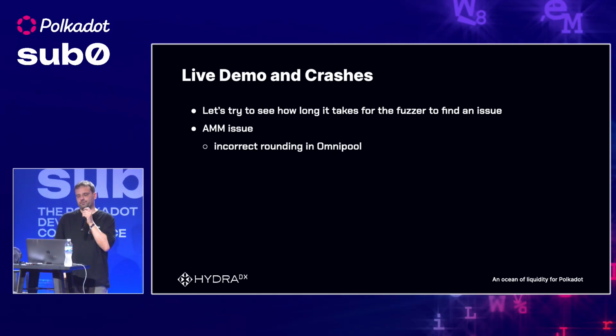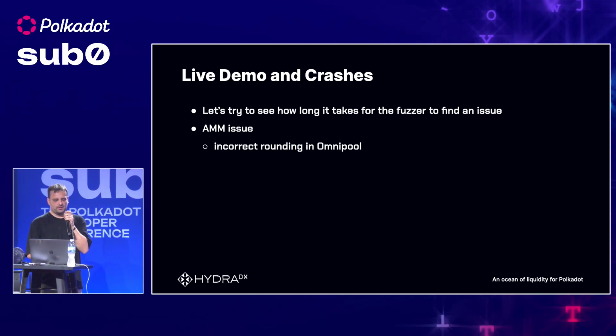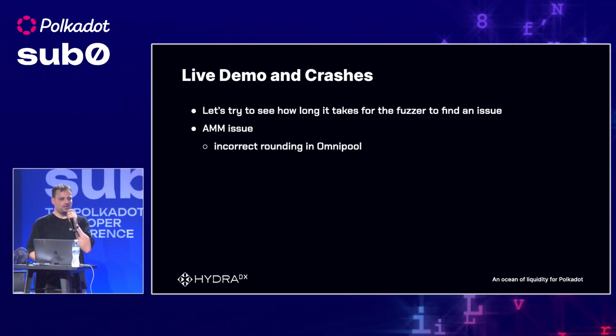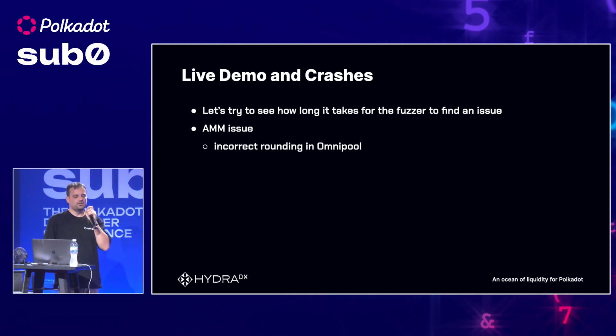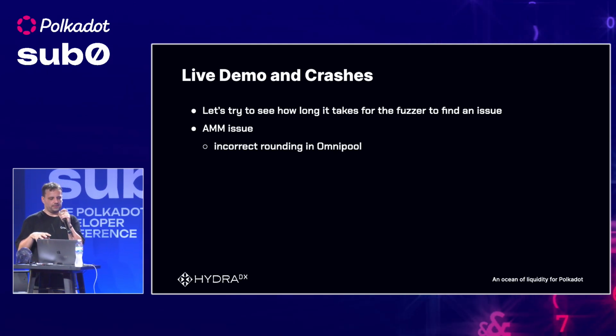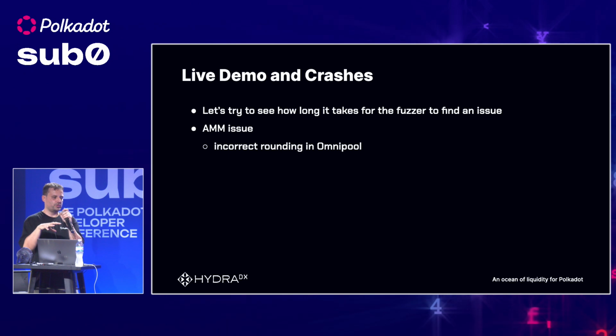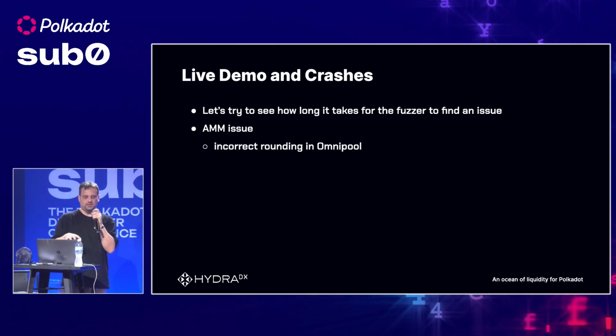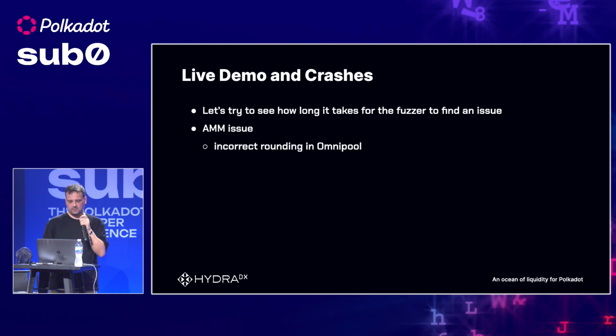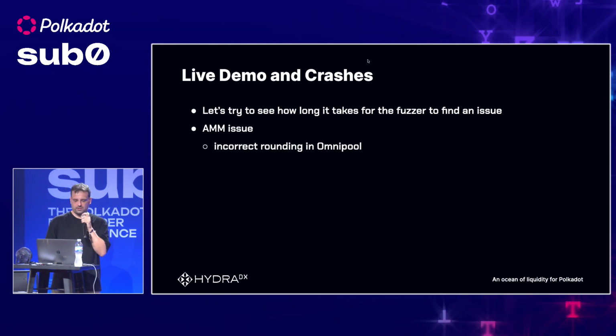So we will try to find a rounding issue using the fuzzer now, and see how long it will take to find it. And then we will look at the crash report, and we will also generate the coverage to see how much other stuff it did in the few minutes we will run it.